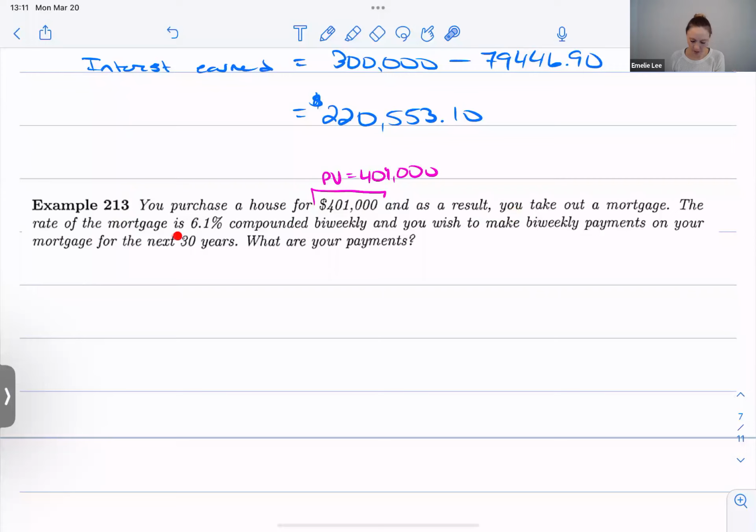The rate of the mortgage is 6.1% compounded bi-weekly, and you wish to make bi-weekly payments on your mortgage for the next 30 years. What are your payments?